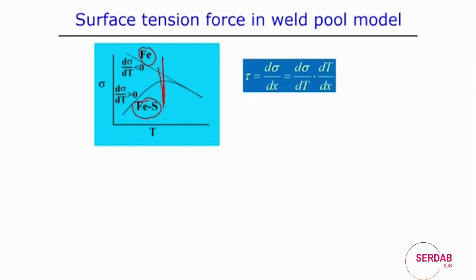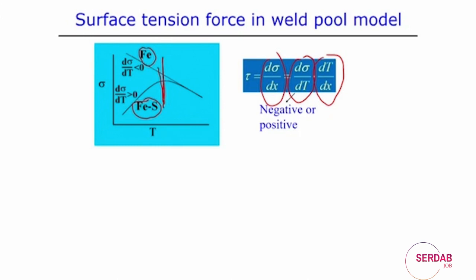So, then shear stress is linked to the surface tension force, and the derivative of the surface tension force can be written in these two components. One is the temperature differentiation of the surface tension force, and the second part is the temperature gradient. So, with this decomposition into these two components, it helps to explain the effect of the surface tension force.